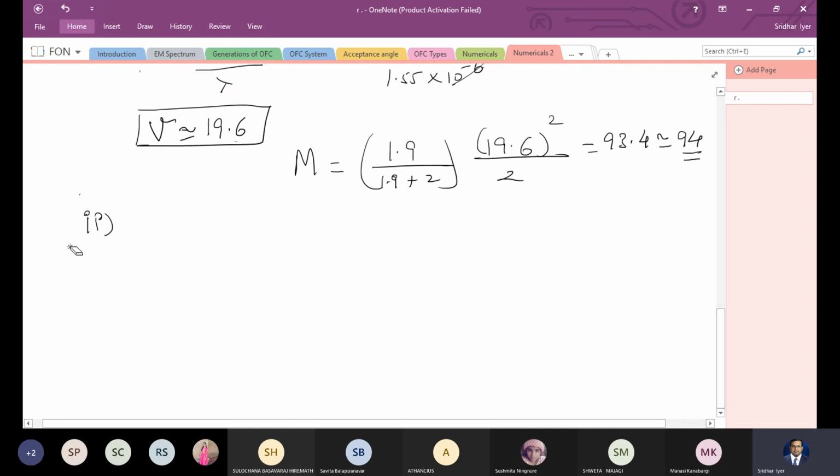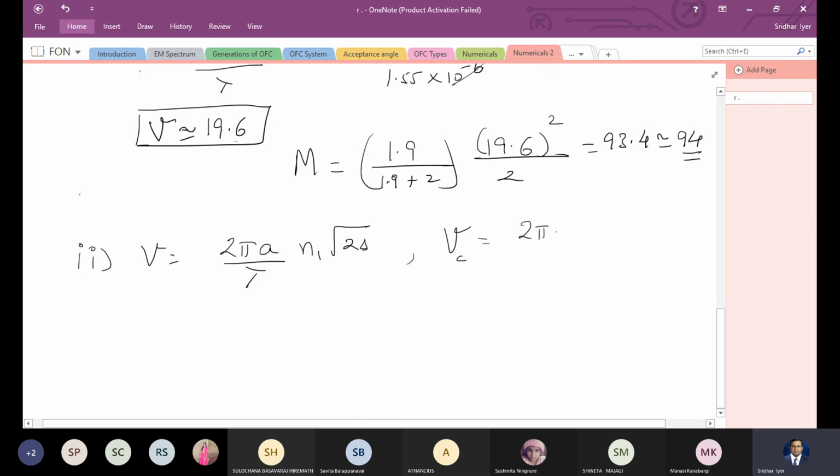Let me rewrite the equation for V. V is 2 pi a by lambda n1 root 2 delta, right? Now, if I have to find the cutoff value of V number, let me call this VC, where C implies cutoff.